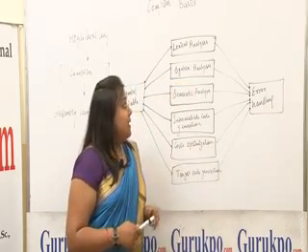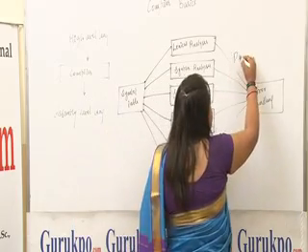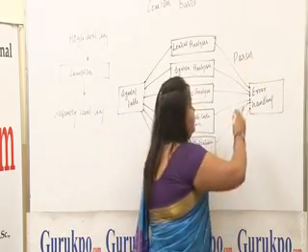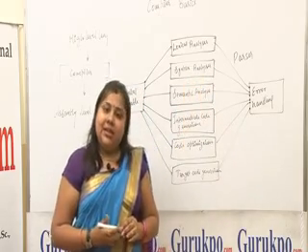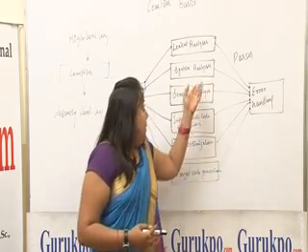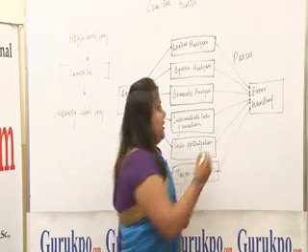Next is syntax analysis. Syntax analysis is responsible for generating parsers, that is, trees. It is responsible for generating trees to evaluate any expression. Next is semantic analysis. Semantic analysis is responsible for type checking.